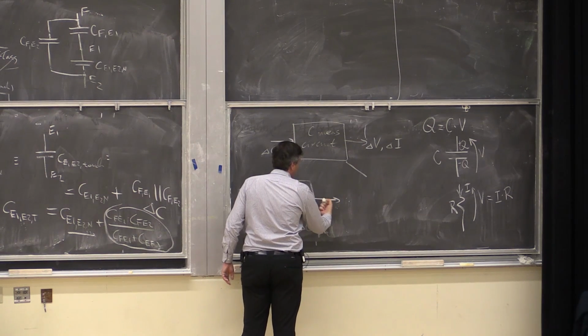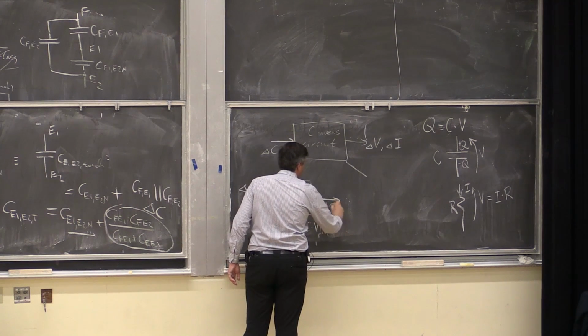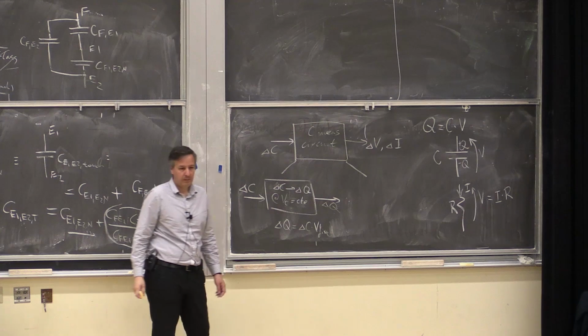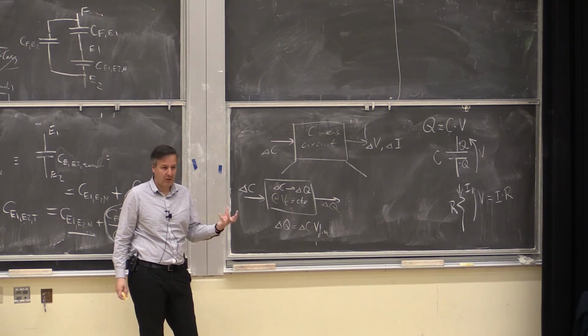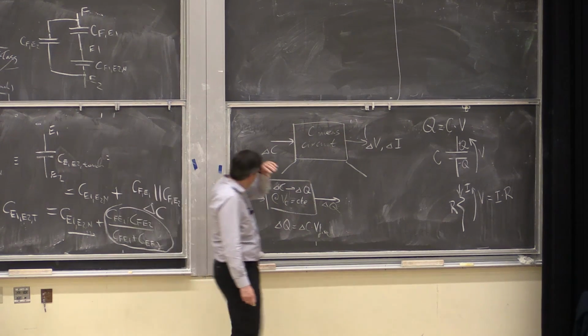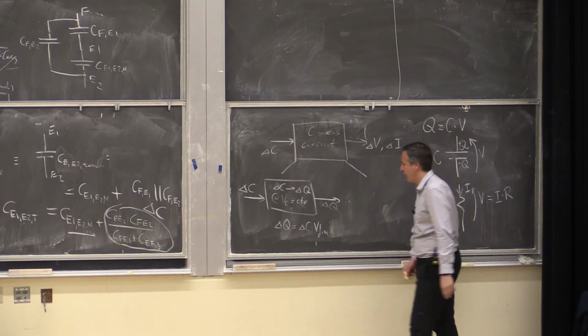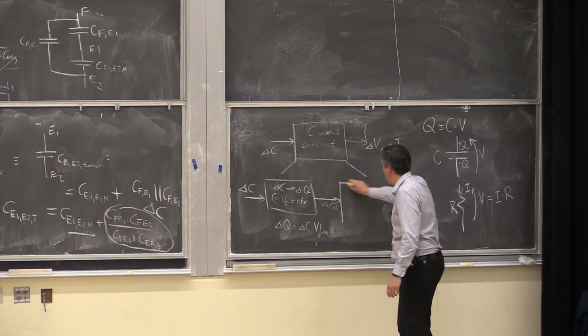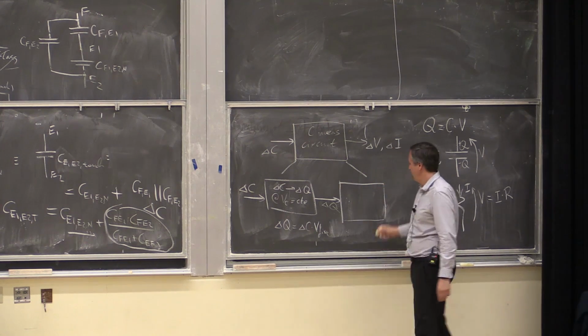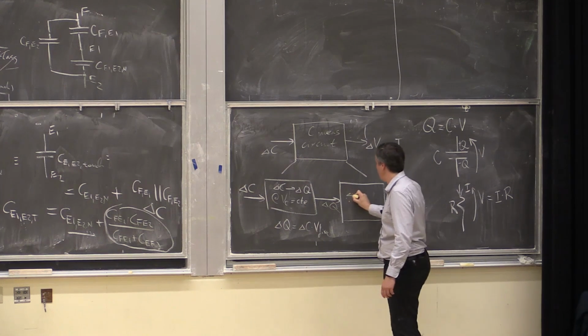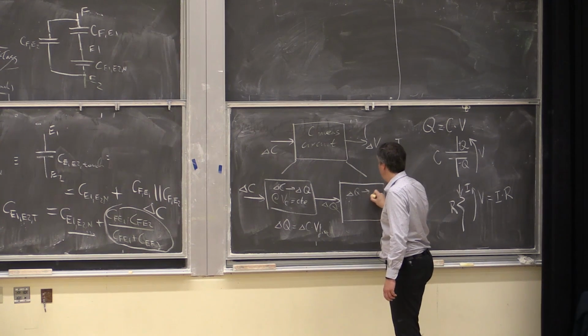Then what we get here is basically delta Q, how much extra charge we got. And now here, we want to turn the charge into voltage.